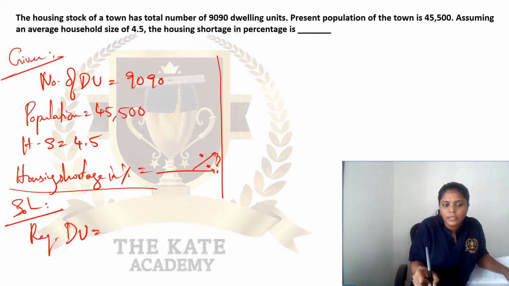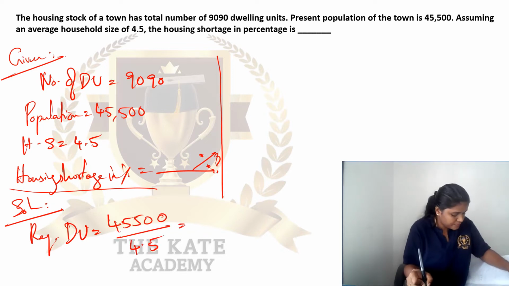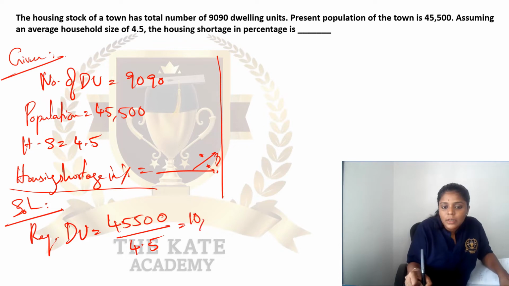For that you know your population, right? And you know your household size. So 45,500 divided by 4.5 gives you 10,100 dwelling units required. But how many are present?